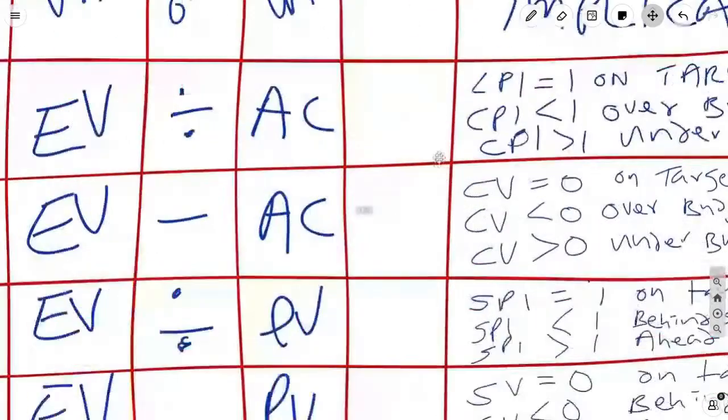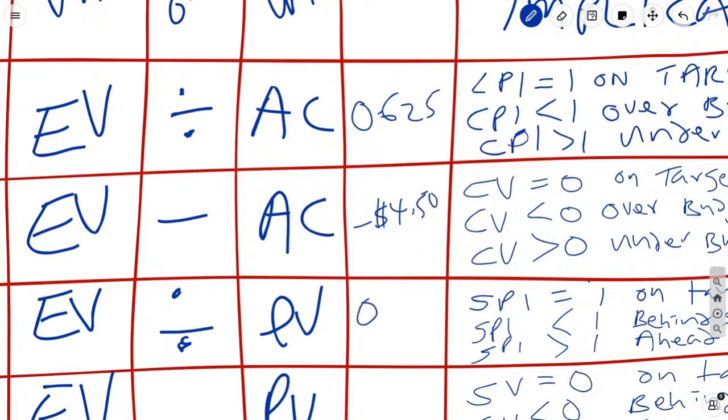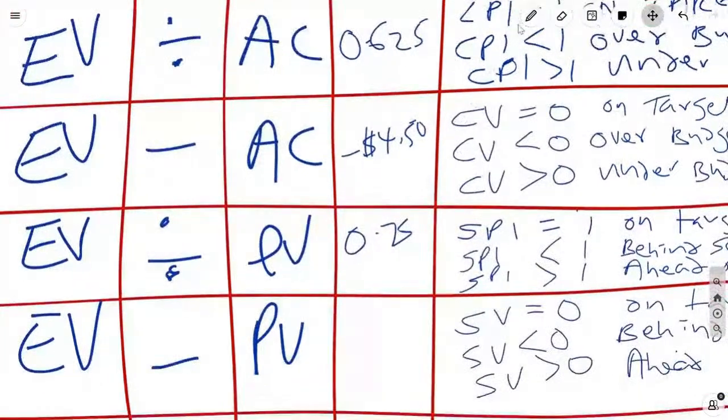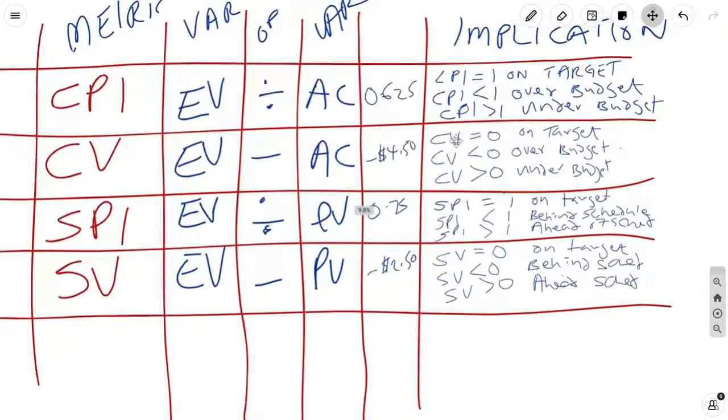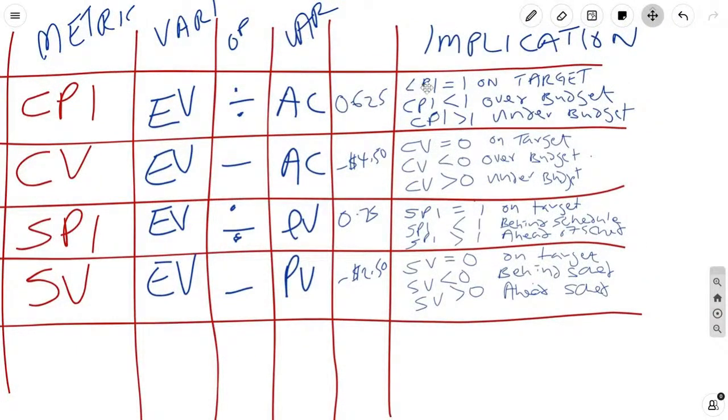So if you put them in context, when you do that, you now see what this means. 0.625 is less than 1, you're over budget.